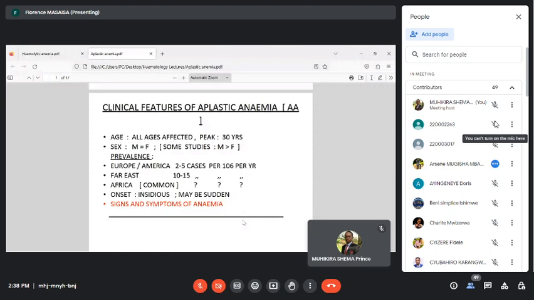Great. So those are the three things the patient will be struggling with: features of bleeding, features of anemia, and features of infection. That will be the classical symptoms and signs.